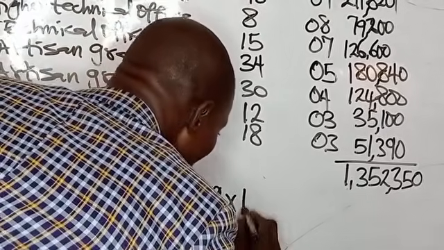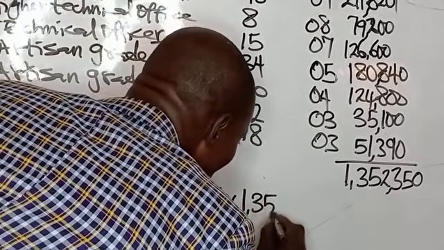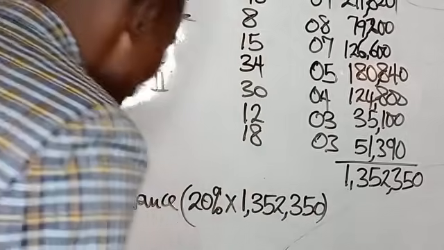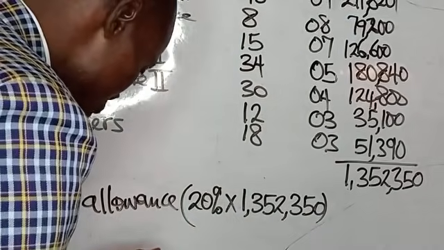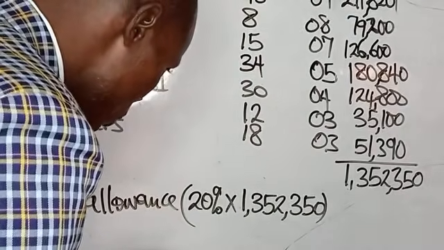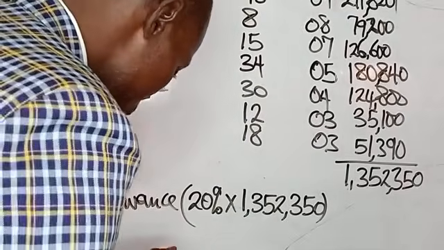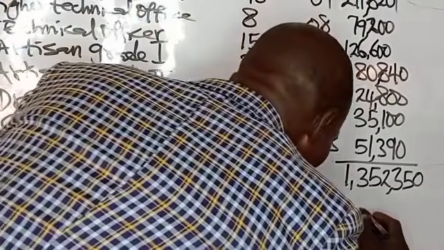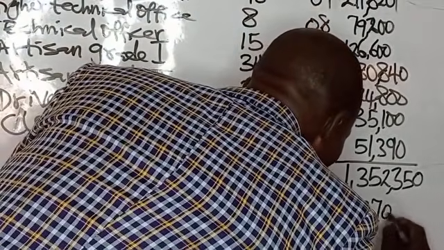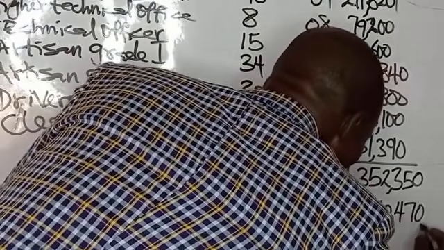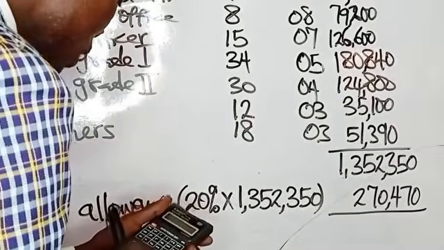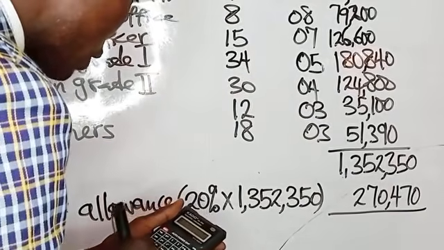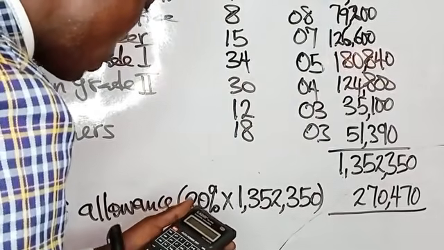We have salary of 1,352,350. Then calculate 20% of that. 20% of 1,352,350. So we have 270,470. 1,352,350 plus 270,470.